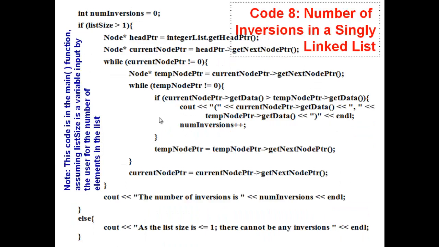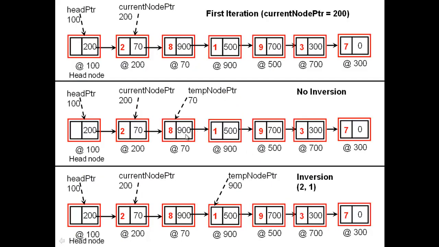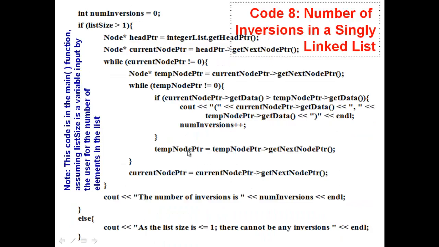So we don't go inside the if block. We come out of here and just advance the temp node pointer to the next data node. So temp node pointer arrow get next node pointer will get you the address of the node next to the temp node. That will be 900. So temp node pointer is now set to 900.